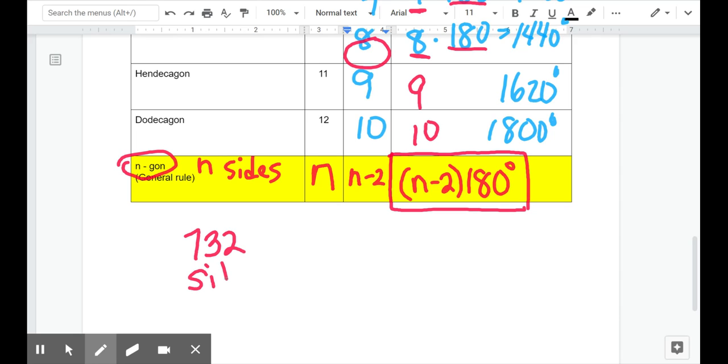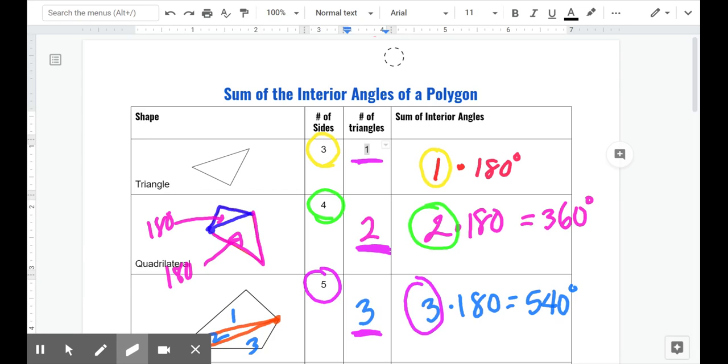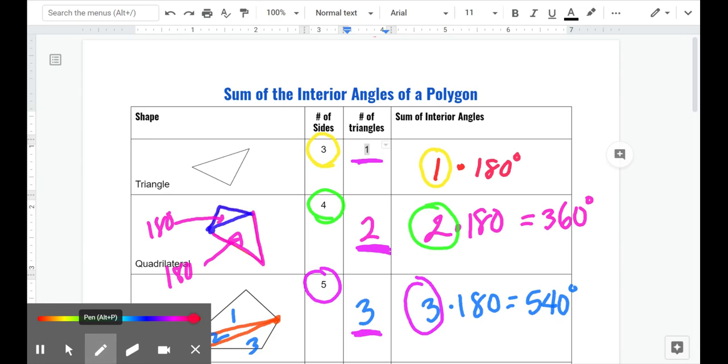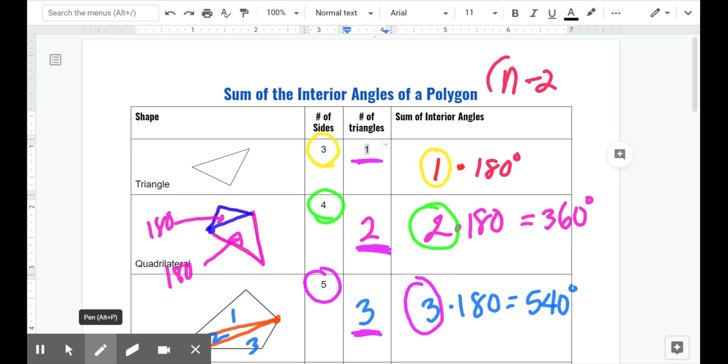So if a shape has 732 sides, how would you figure out the sum of the angles? Well, all you got to do is do 732 minus 2, and that would give me 730, and multiply that by 180, and that's going to give you your answer. You see that? Seconds. That's all it takes. So sum of interior angles of any polygon, once again, you take the number of sides, you take away 2, and you multiply by 180.